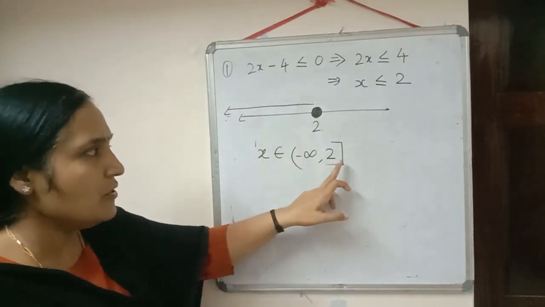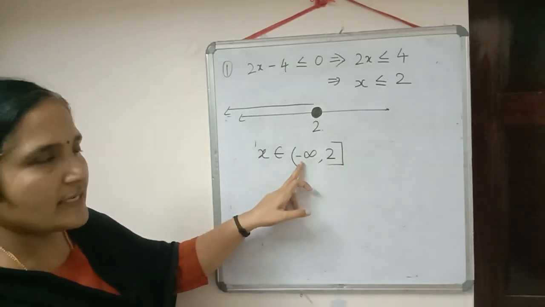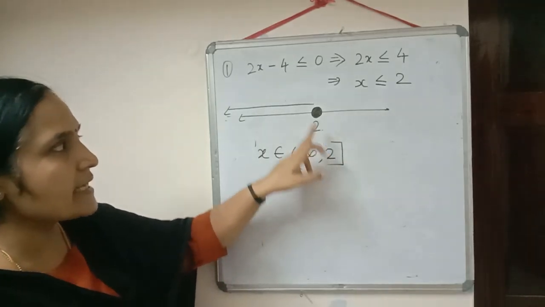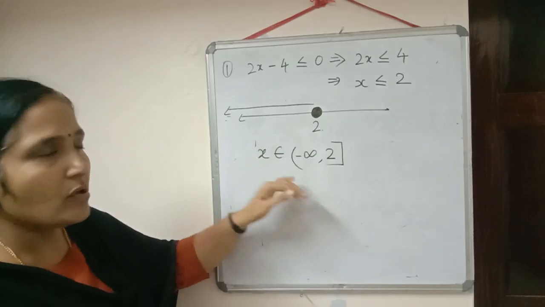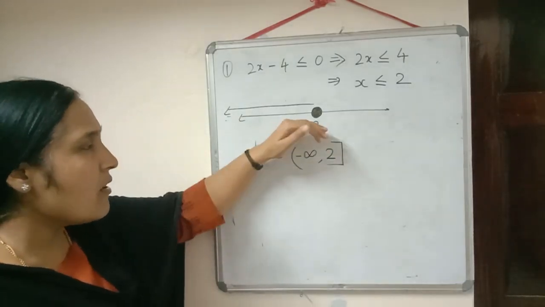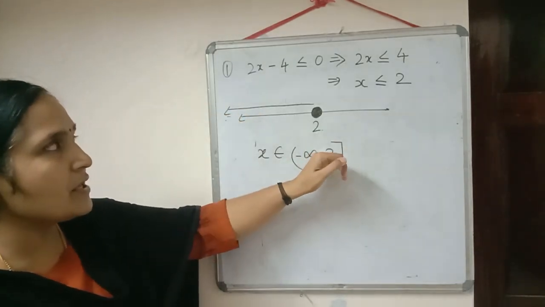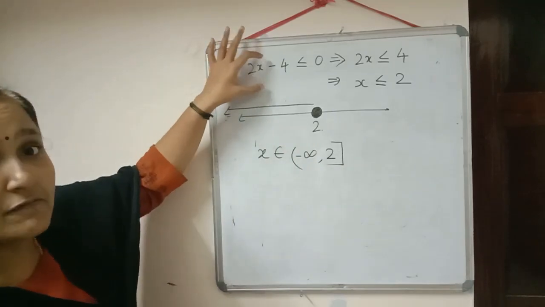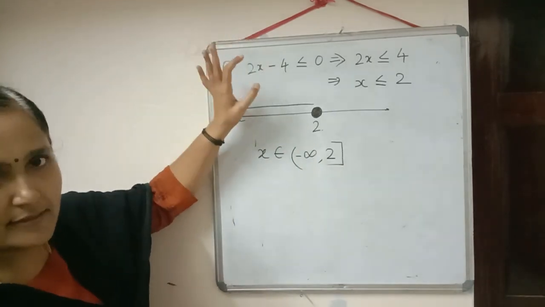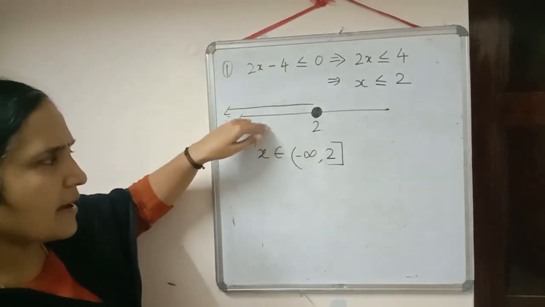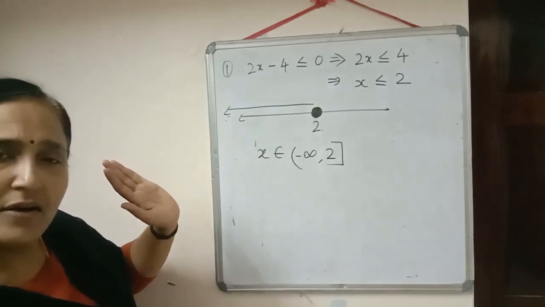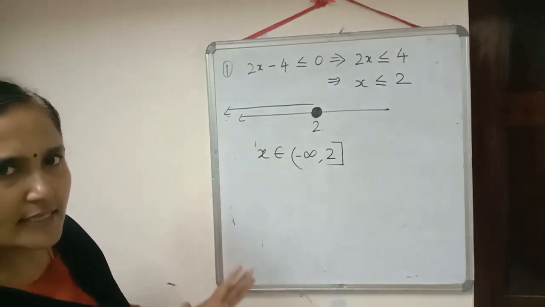X belongs to 2 to minus infinity. 2 is closed means x will take the value 2 also. So it will say all the values which are less than or equal to 2 will satisfy this inequations. Clear? This is the number line and this is the real solution. So I think it is easy for you.